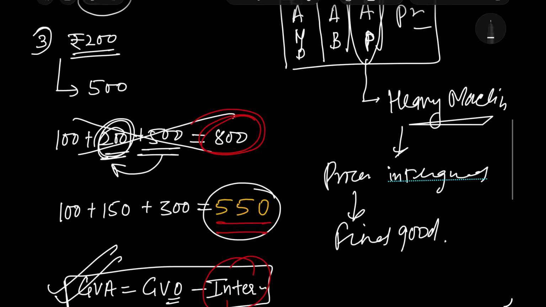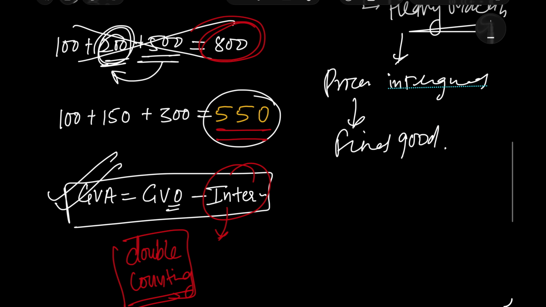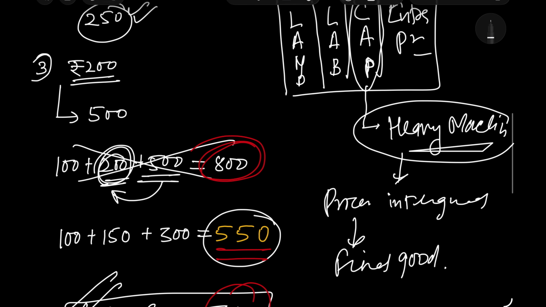In the case where I told you that you are a sandwich maker and you want to process the raw material, which is bread, into a sandwich, here your heavy machinery is your griller or maybe the sandwich maker. So this is your capital good.